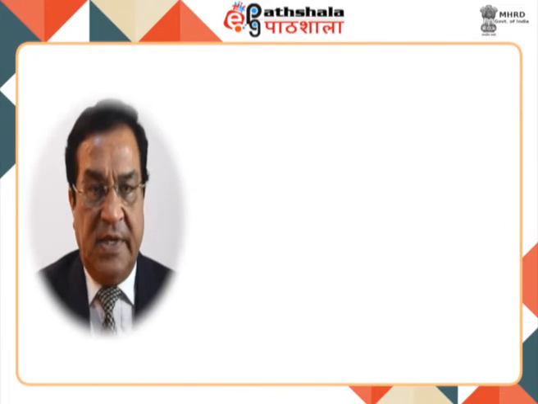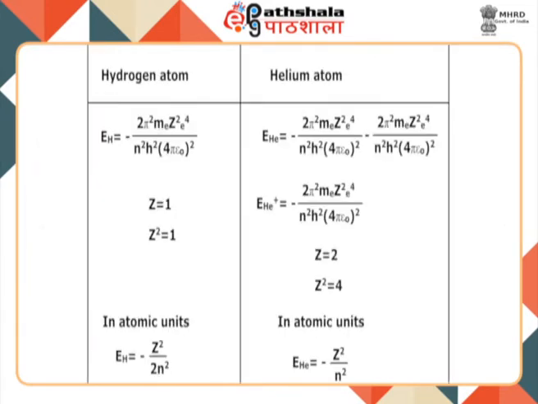Here you can see Table 1. Table 1 gives you, in a nutshell, the comparison between the energy of the hydrogen atom, the energy of the helium atom when it is considered as an unperturbed system where we neglect interelectronic repulsion, and also the energy of the helium ion.